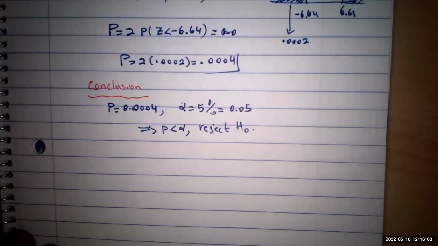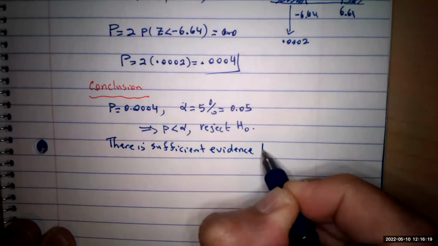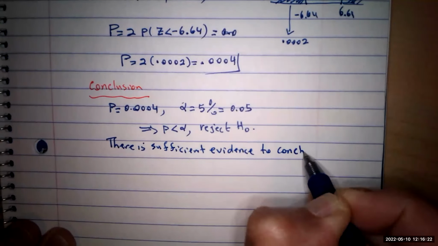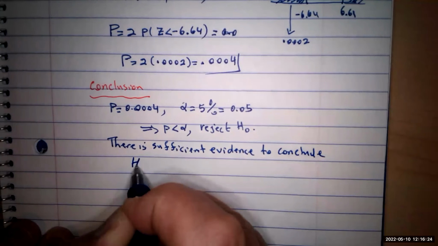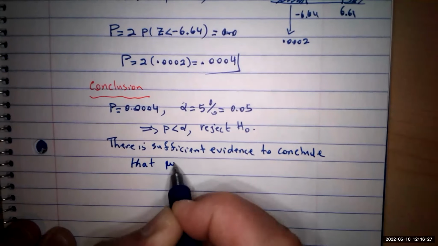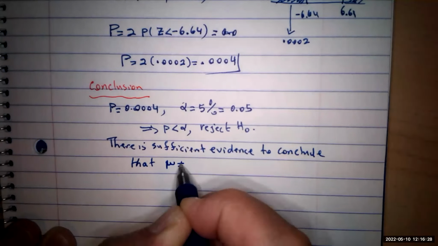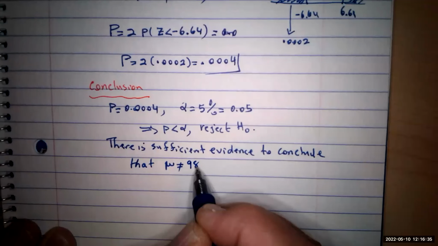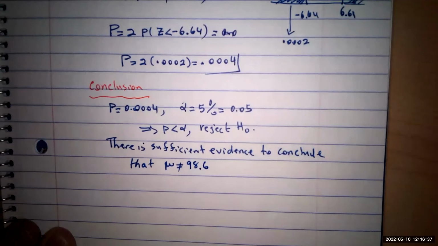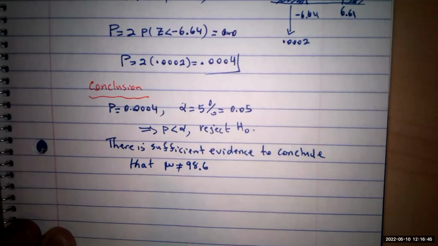There is sufficient evidence to conclude otherwise. Concluding otherwise means mu is not equal to 98.6. But the claim was that it is equal to, so you are going to not support the claim, or refute the claim.